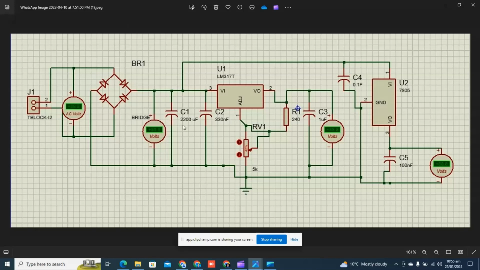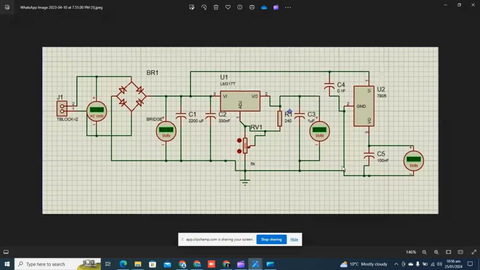And then this is the first voltage regulator, LM317. Here is the variable resistor, or we can also call it a potentiometer, which gives us the variable output, not across R1, but from this voltage output pin between it and the ground. And then here is the other IC, LM7805, which gives us 5 volts output from this out pin with respect to the ground.